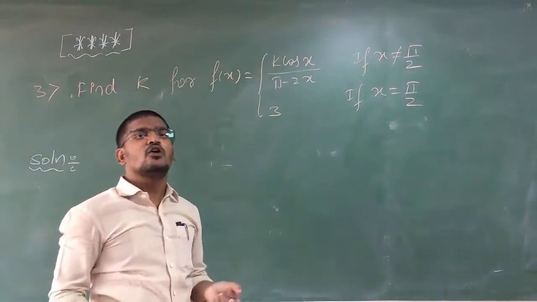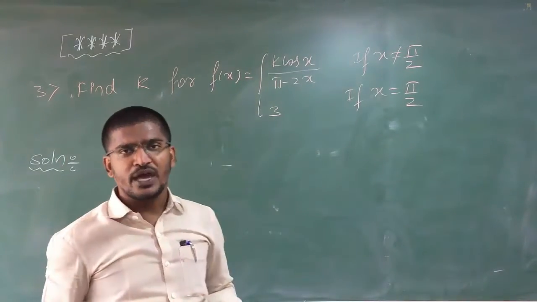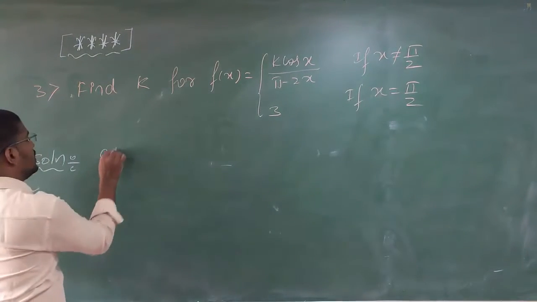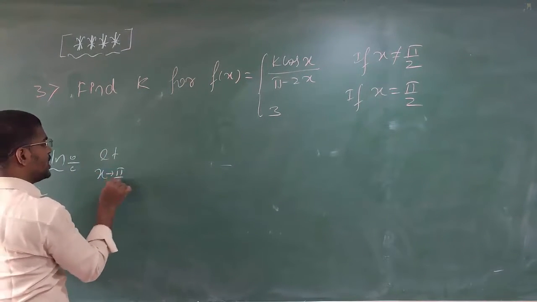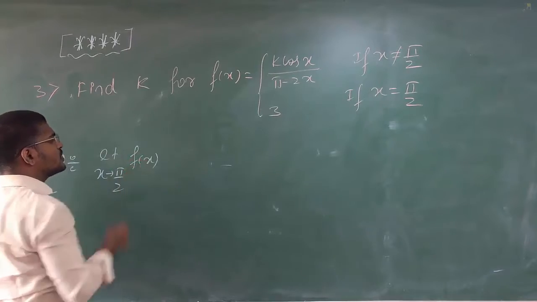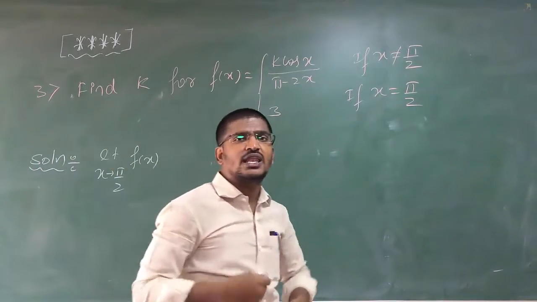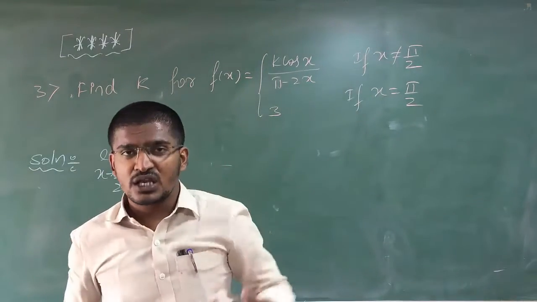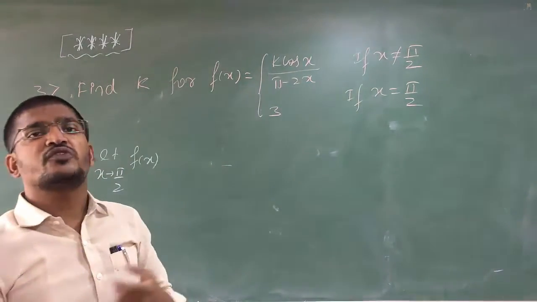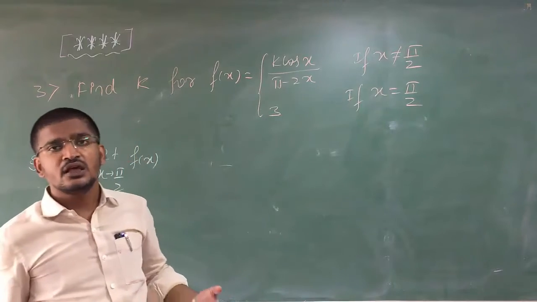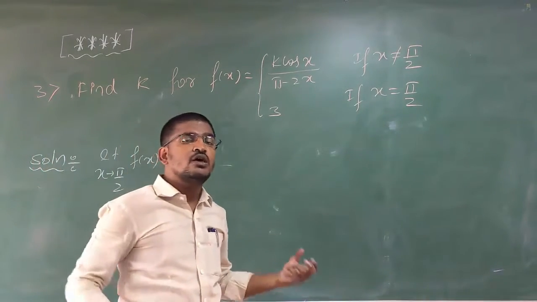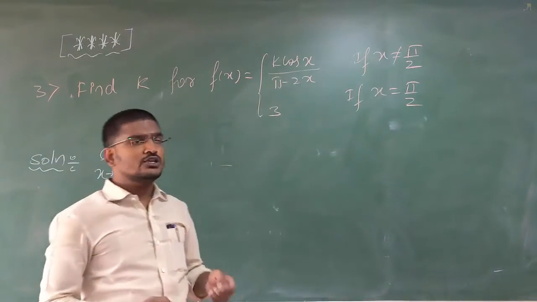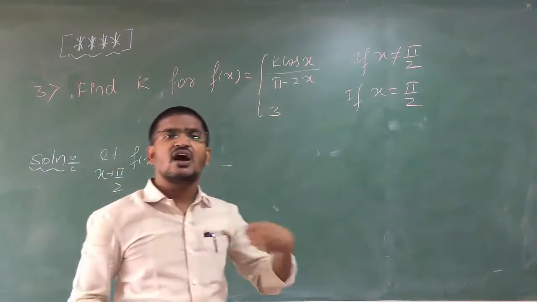We shall directly go for the limit as x tends to pi by 2 of the given function. I am not wasting time here for LHL and RHL because here inequality signs are not given. That means there will be no different functions for LHL and RHL. You see in the previous question, for LHL it was a different function, for RHL it was a different function, so we went for LHL and RHL.